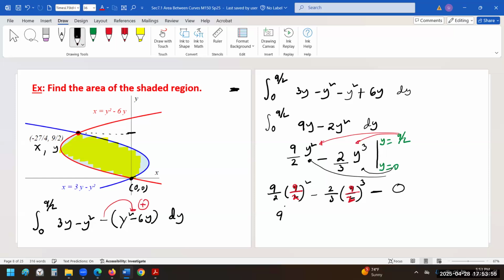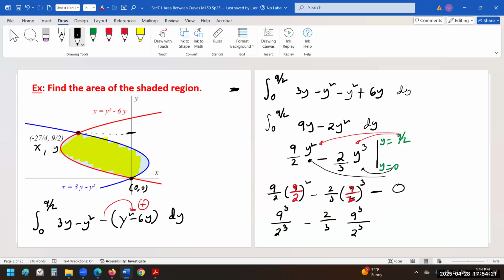So we have 9 cubed over 2 squared. And here we have 2/3 times 9 cubed over 2 cubed. I mean 9 cubed because we have 9 squared inside here, and 2 cubed actually, my bad.